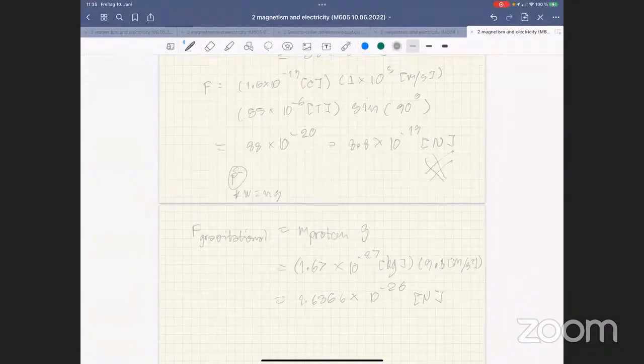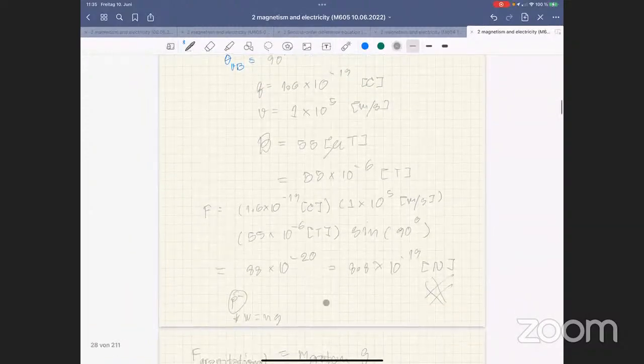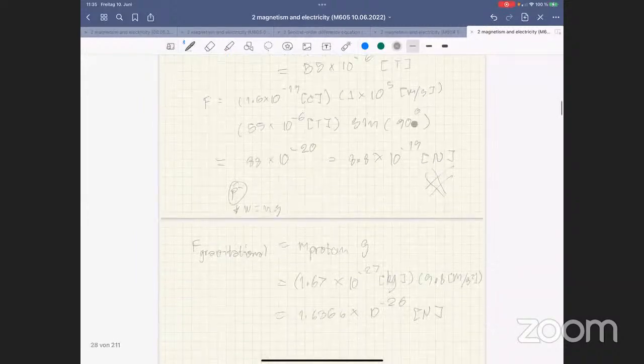and let's compare. We can see that the induced force caused by the magnetic field is 8.8 times 10 to the negative 19, and the weight due to the gravitational acceleration, or the attractive force caused by the core of our Earth, is 1.6366 times 10 to the negative 26 Newton.